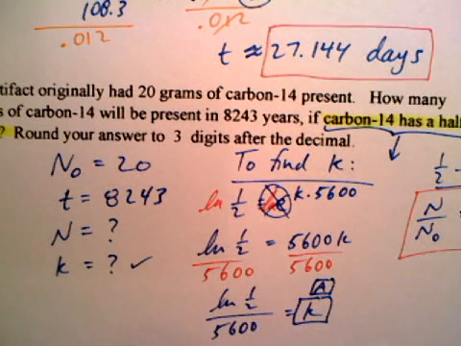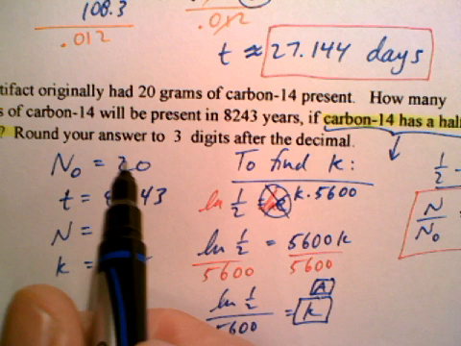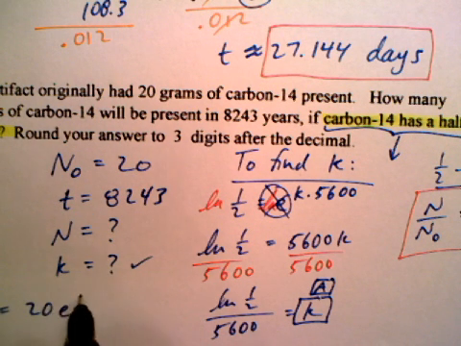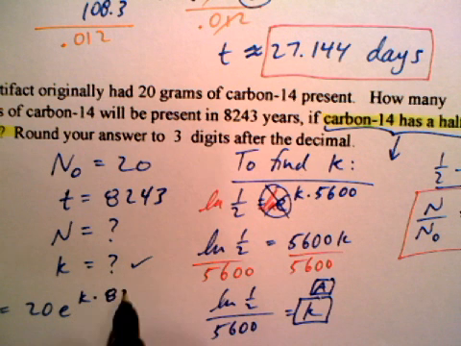Now we plug in our k to find our value for n. We have the equation n equals n sub 0 times e to the k times t.